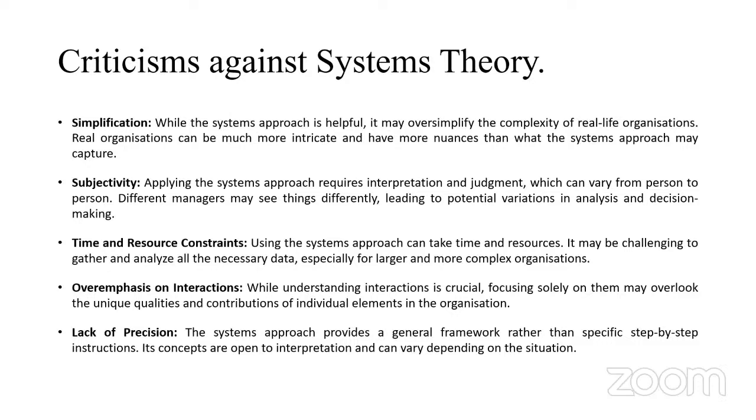What a systems theory does is it gives us a general framework of how this whole approach works. It does not give us specific step-by-step instructions. So that is one problem. If concepts are open to interpretation, then they can vary according to the situation.